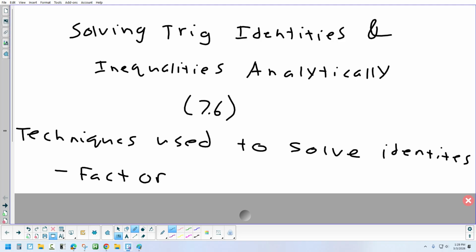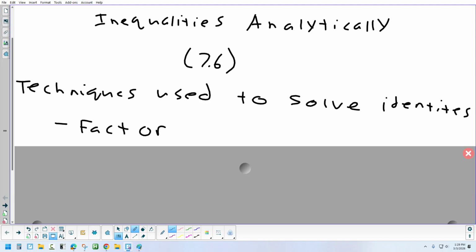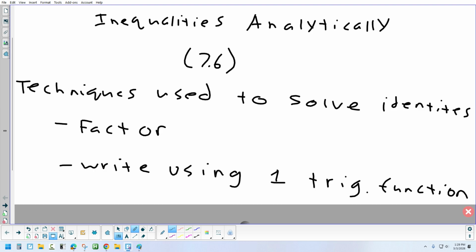It was to change everything. Anybody remember that very first trick? Yeah, rewrite everything with one trig function. Sometimes we did it with sine, sometimes we did it with cosine, whatever. But the point is just write it with one trig function.